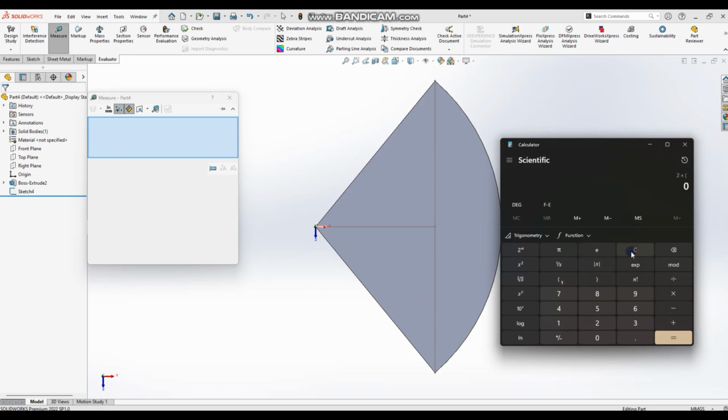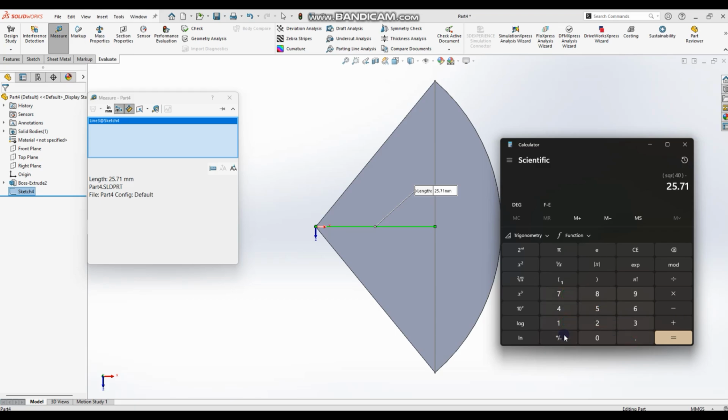First find the square root of r square minus d square: 40 square minus 25.71 square, square root.